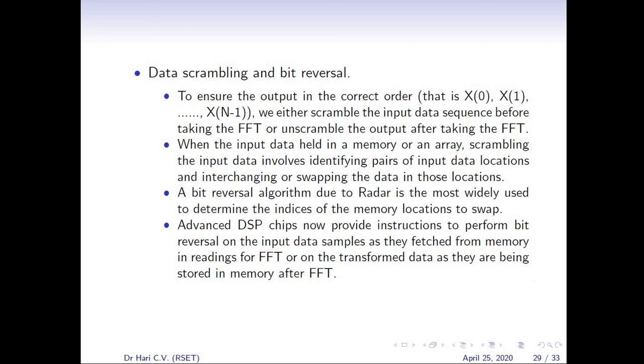A bit reversal algorithm due to Rader is the most widely used to determine the indices of the memory locations to swap. Advanced DSP chips now provide instructions to perform bit reversals on the input data samples as they are fetched from memory in readiness for the FFT, or on the transformed data as they are being stored in memory after the FFT.